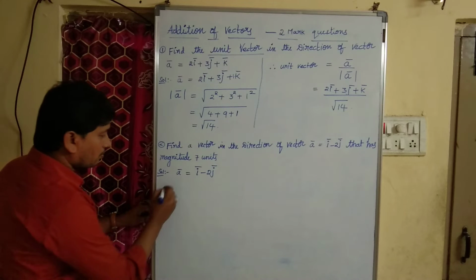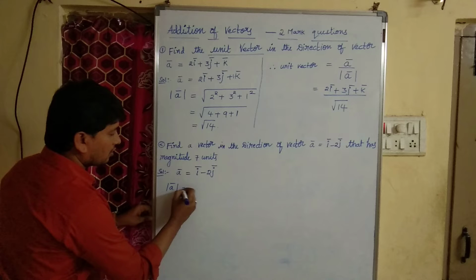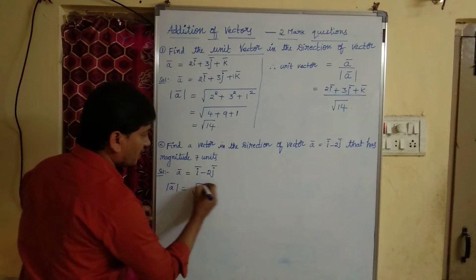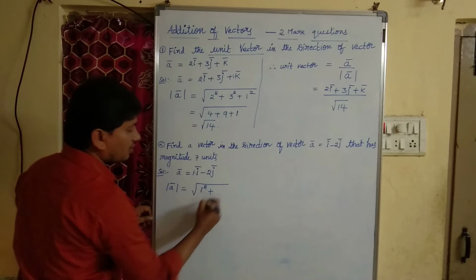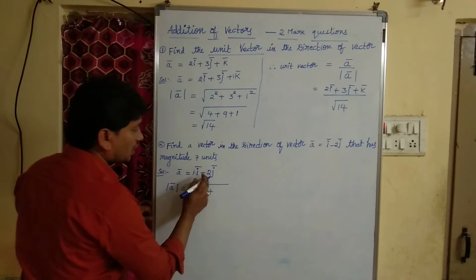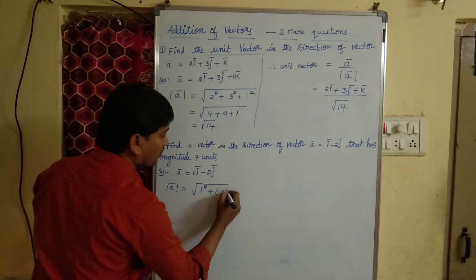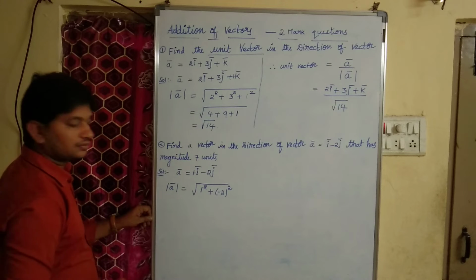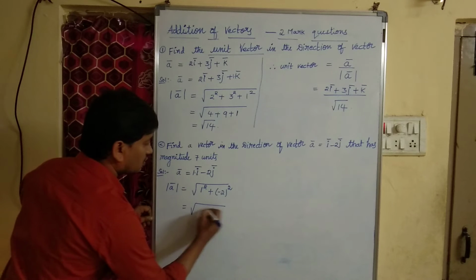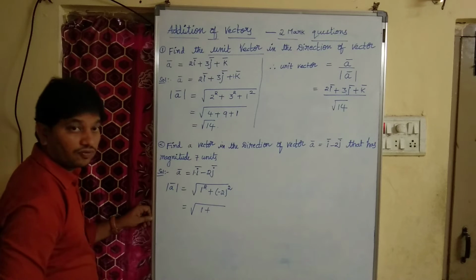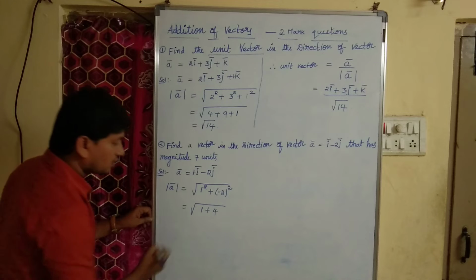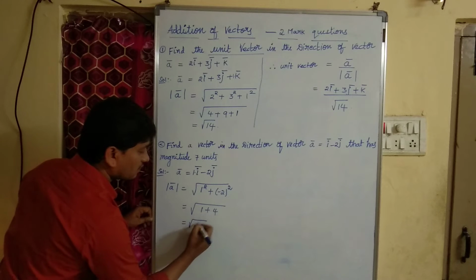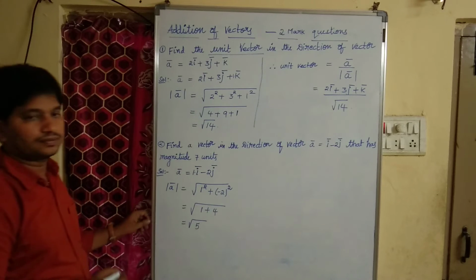Again let us find out modulo of a bar, which is square root of 1 square plus minus 2 whole square. That is equal to square root of 1 plus 4, which is equal to root 5.